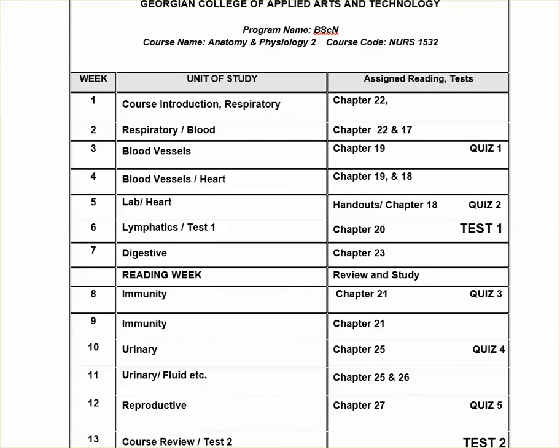I said there are 3 diagrams. One of the diagrams comes out of the urinary chapter, and it's a matching, so you match the letter on the diagram to the number of the question.